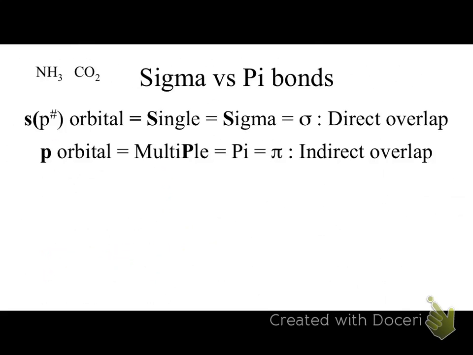Okay, so if we're going to draw that again, we'll probably come back to this some more. If we looked at an sp3 and another sp3, if we were going to show those actually forming a bond, we would probably draw it a little bit better where they directly overlapped in the middle, like a nice little pie chart there. Okay, if we looked at a p orbital, we'll never get those to directly overlap.